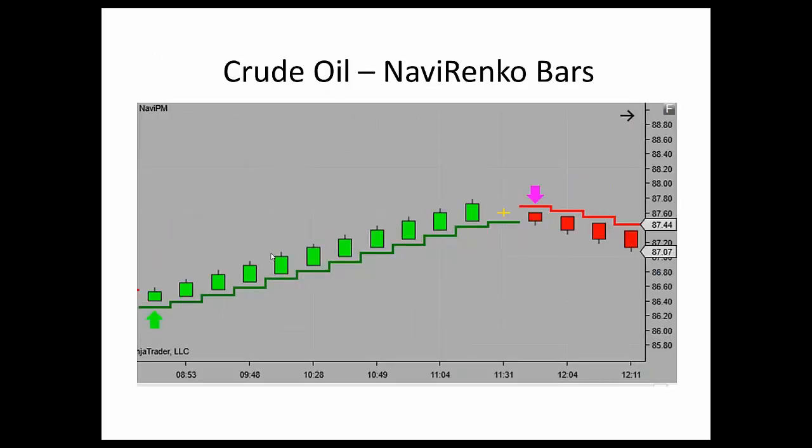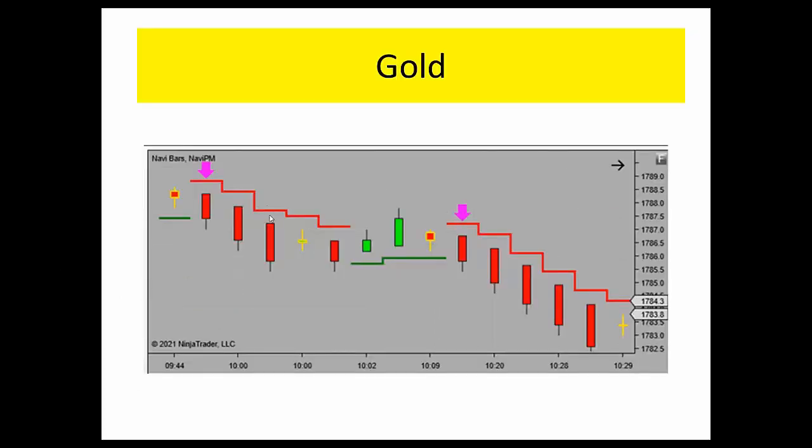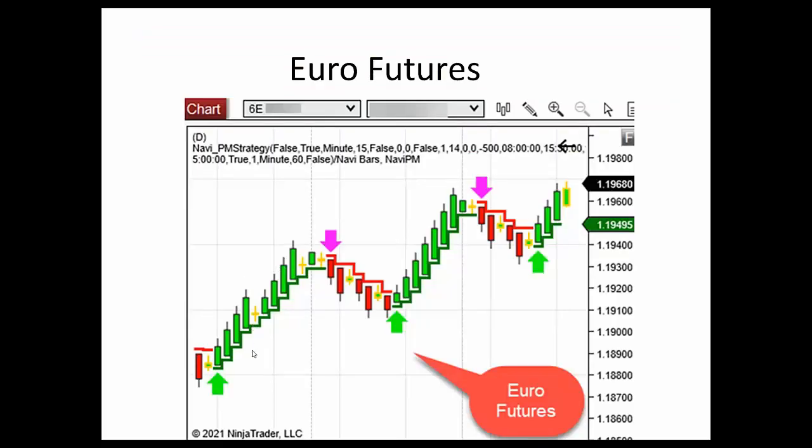All right, here's a chart on crude oil. Gold. One question I get a lot is, can we use these charts on other markets? The answer to that is yes, they work the same way on any market. We do have people who are using our charts in just about every continent, probably with the exception of Antarctica.